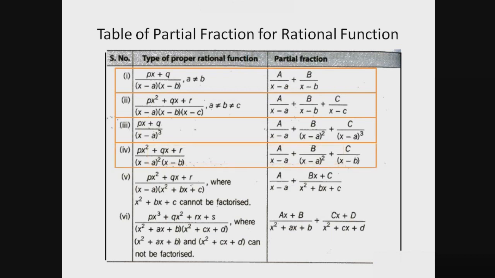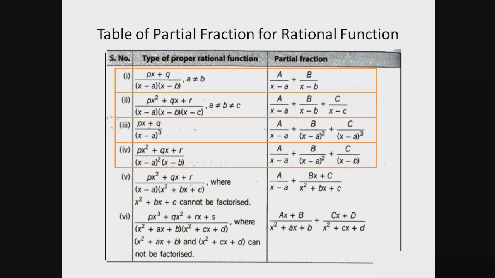And then at number 4 here, we have a polynomial over some linear product where one or some of the factors have a power. So we have to write it like this: A over x minus a plus B over x minus a squared, which is increasing order of degree, and then plus another linear term, which is C over x minus b.